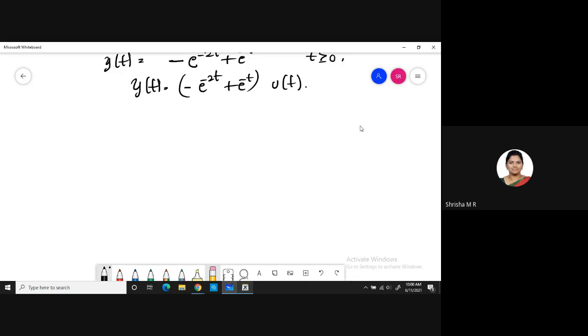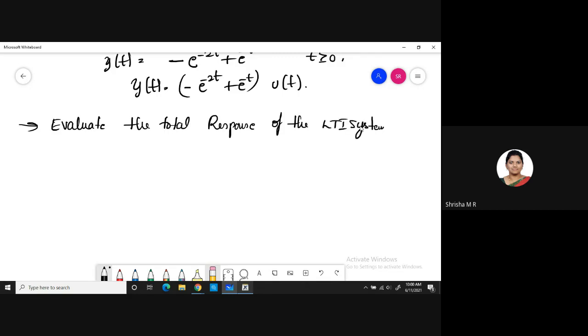Evaluate the total response of the LTI system described by the differential equation given below.